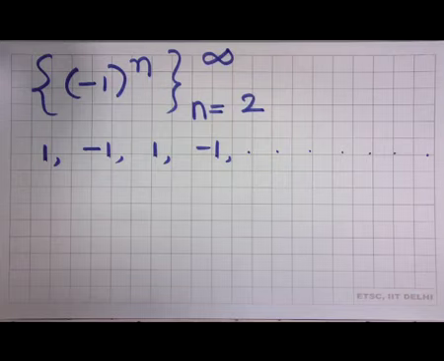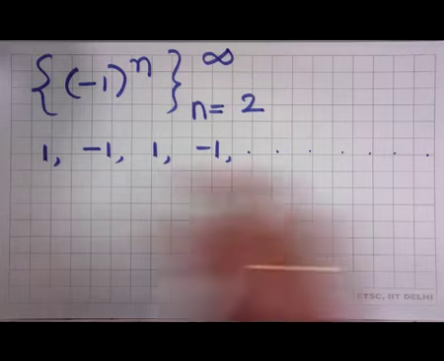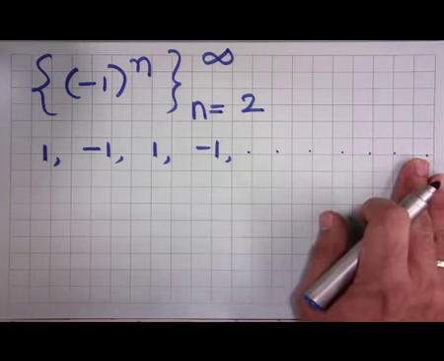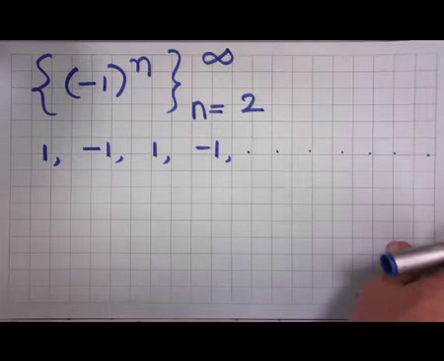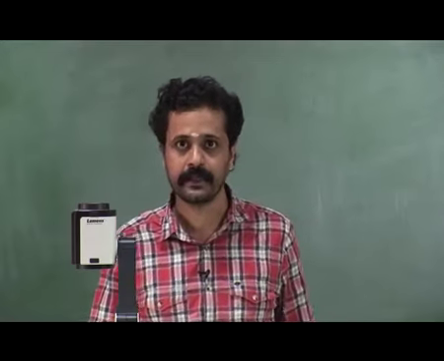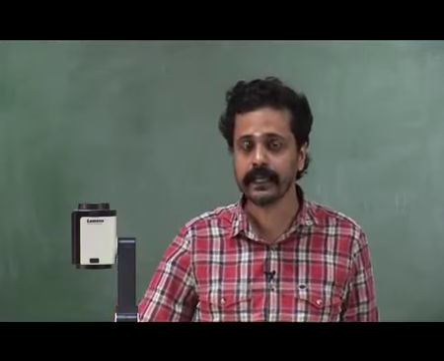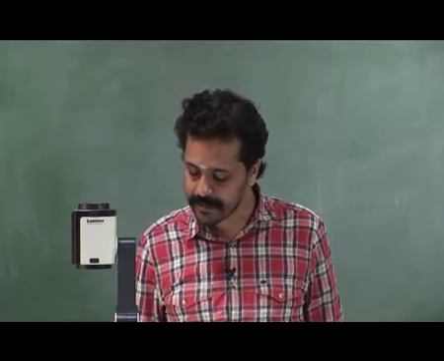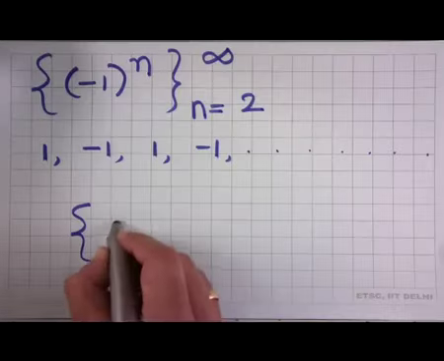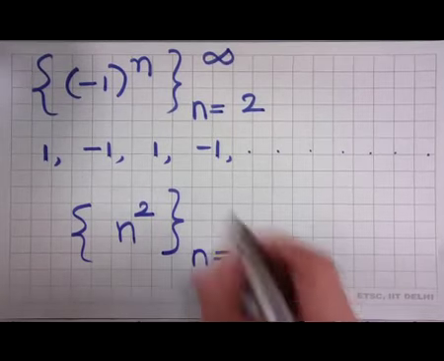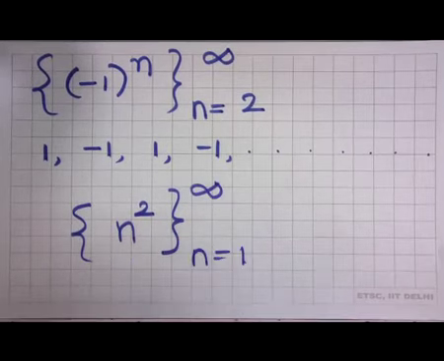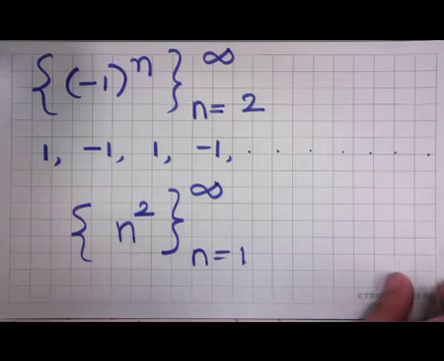We cannot find a number L so that as we progress towards the end of the sequence, the terms of the sequence become close to this number L. Such a number L does not exist. Similar is the case with a sequence like n square, n is equal to 1 to infinity. Such sequences are said to be divergent.